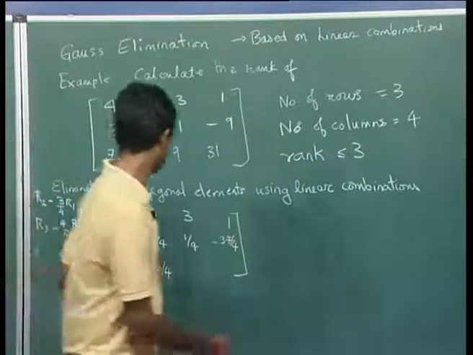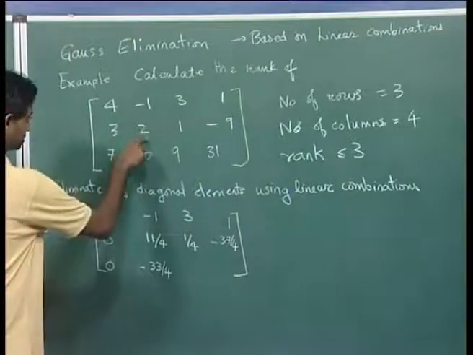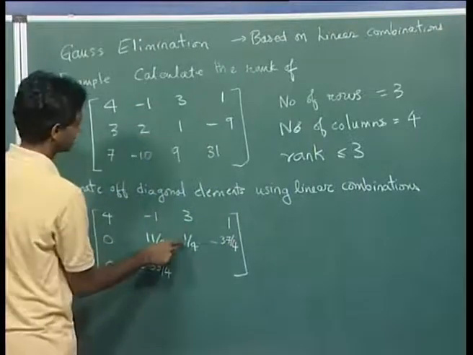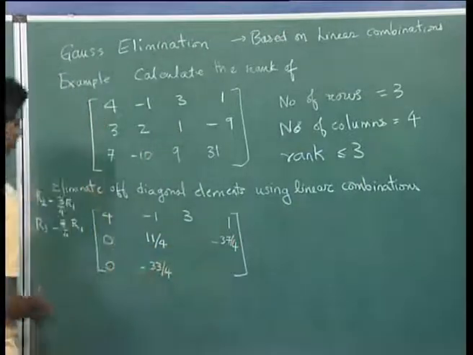Wait a second, let me make sure I got this correct. In this case I had 2 plus 3 by 4, and 1 minus 3 into 3, 9 by 4, sorry. So this is not correct.